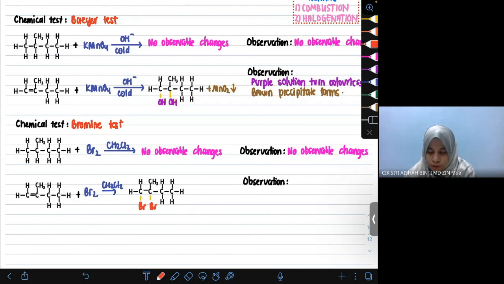How about the observation? The observation here is the reddish brown solution. Reddish brown. Make the colour red for the pen. The reddish brown solution turns colorless.